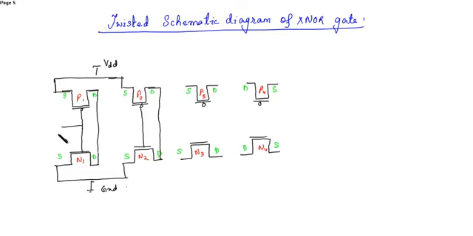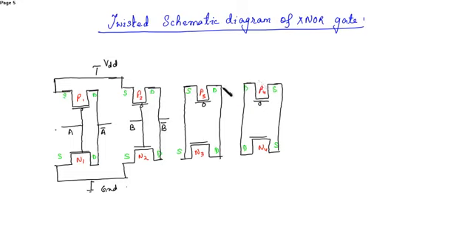This is input A. This is A bar. This is B. This is B bar. So now these are our transmission gates. These sources are shorted, the drains and the sources.